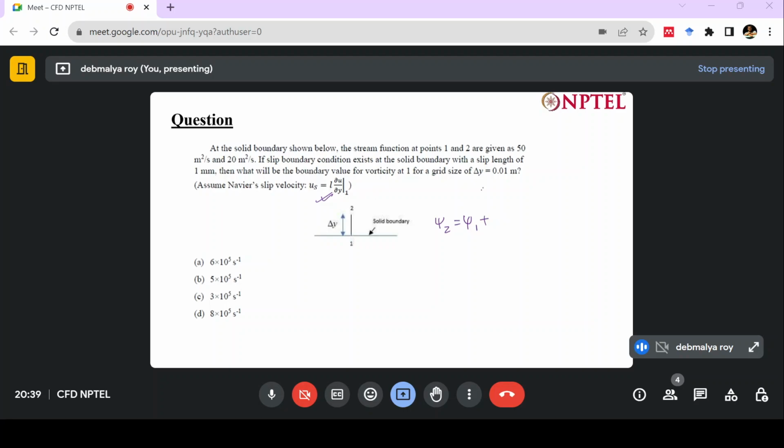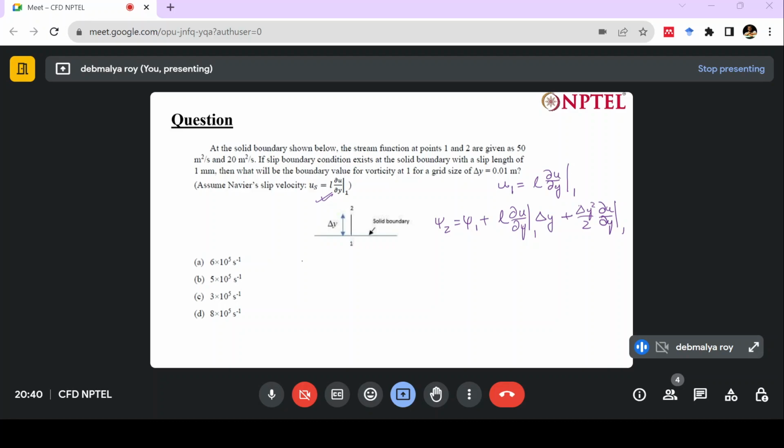So u at 1 will be equal to L del u del y, which is L del u del y at 1 delta y plus delta y square by 2 del u, and obviously the order of delta y cube is neglected. We are not interested. So in this case, what is asked? We have to find out the boundary value for vorticity.